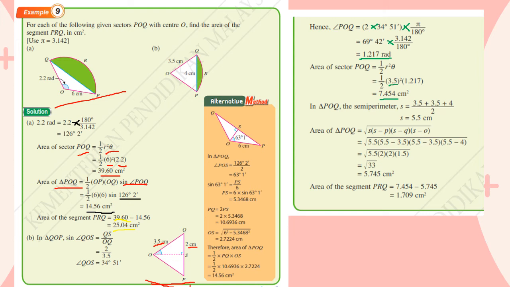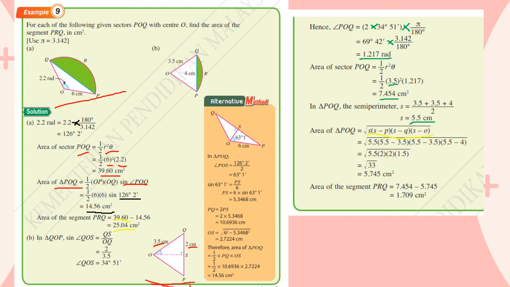We have all the lengths of the triangle: 3.5, 3.5, and 4 centimeter. Add up all the lengths and divide by 2, which is equal to 5.5 centimeter.